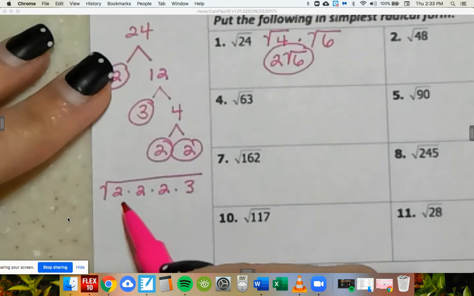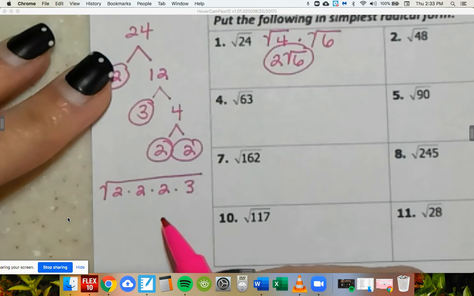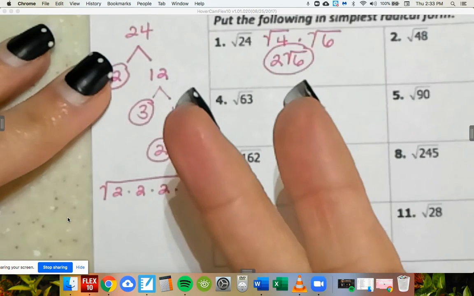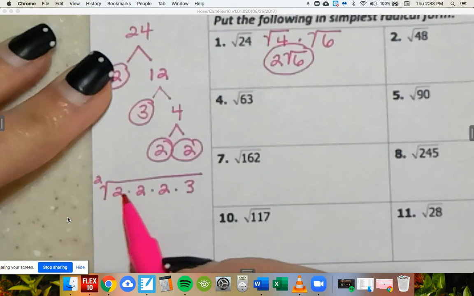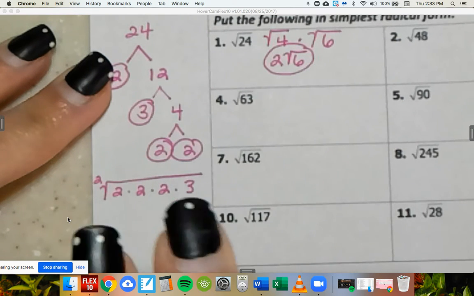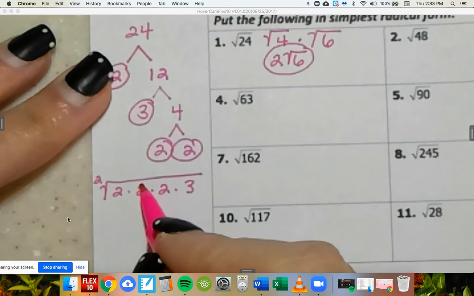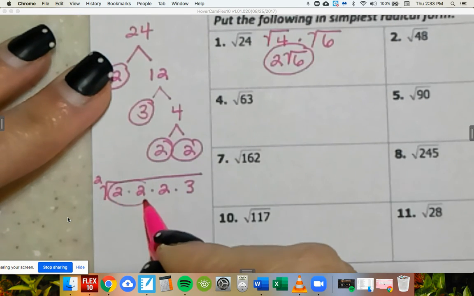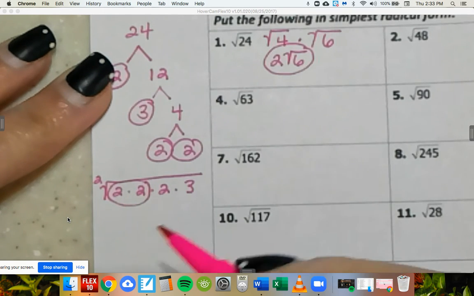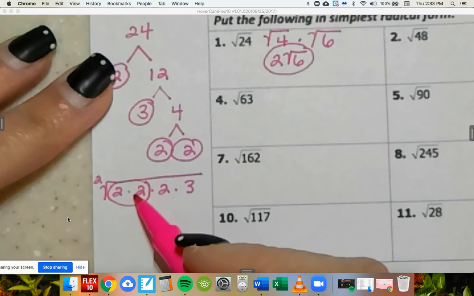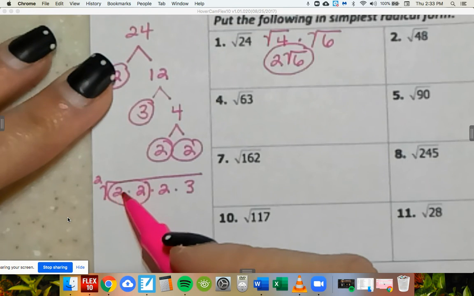So when you're finding square roots, you got to remember that square root means 2. It's like we have a little 2 sitting out there. So if you see a number that you can pair up, for example, these guys make a pair, you can, I'd say, factor out. So this is really a 4, right? 2 times 2 is 4.